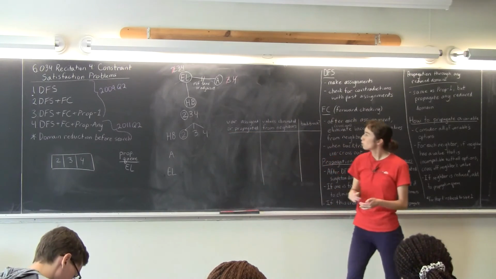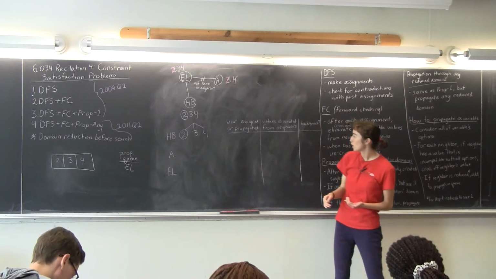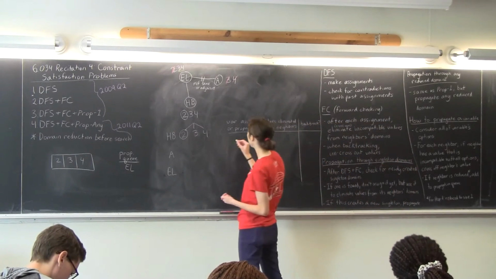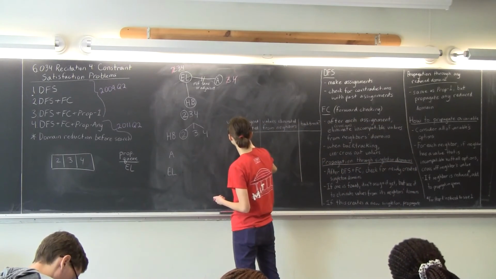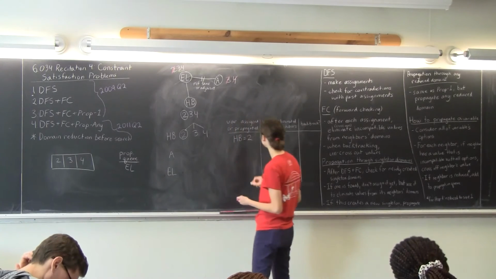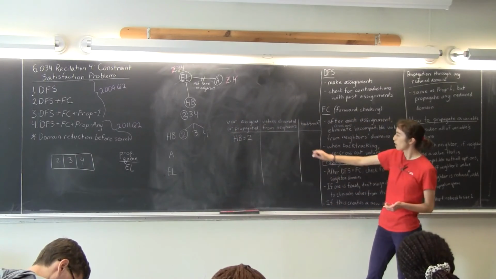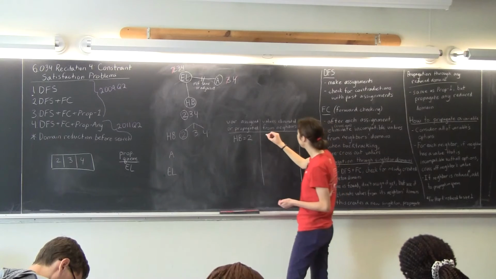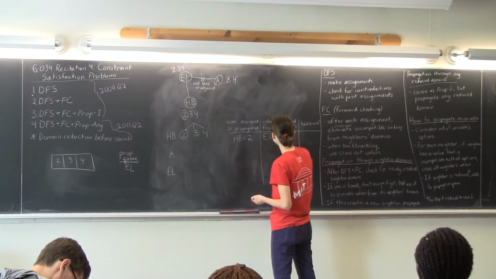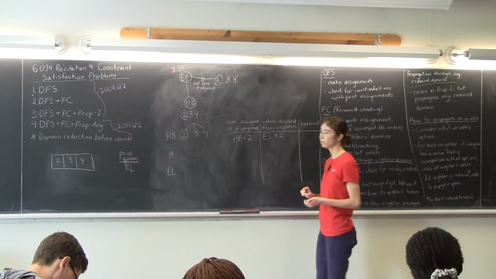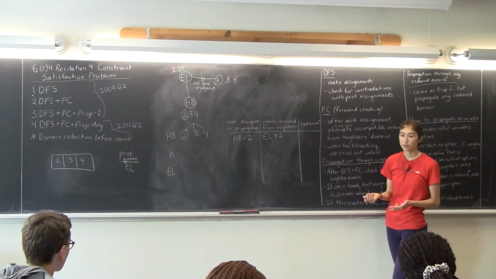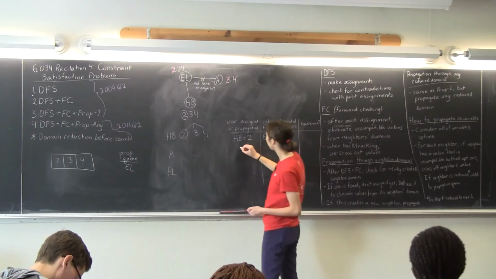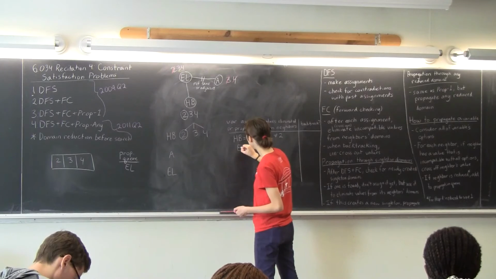So if we rewind to the beginning of this problem and fill in this table, we start with assigning the hornbill. We would write the hornbill was assigned to 2, and that caused us to eliminate 2 from the evil lion. So that gave us the evil lion can't be 2. At that point we didn't have to backtrack yet, but then we propagate through the evil lion.